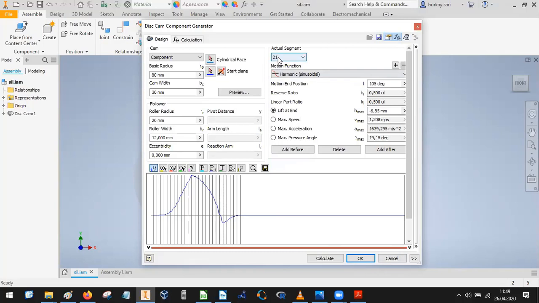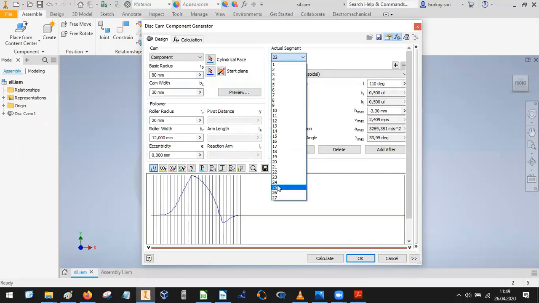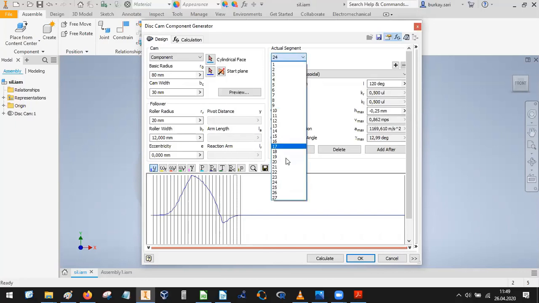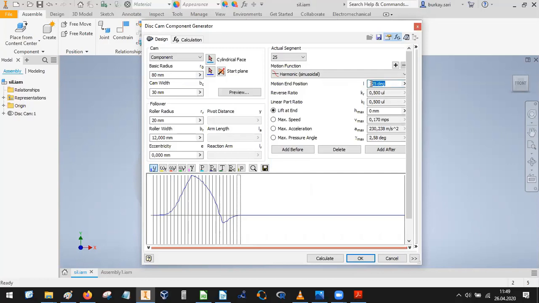After this one, 21 minus 6.85 millimeter, which is 105 degrees. 22, 110 degree, minus 3.3 millimeter. 23rd, 115 degrees, minus 1.82 millimeter. 24, 120 degrees, minus 0.25 millimeter. 25th segment, which is 125, it is again turned to 0.